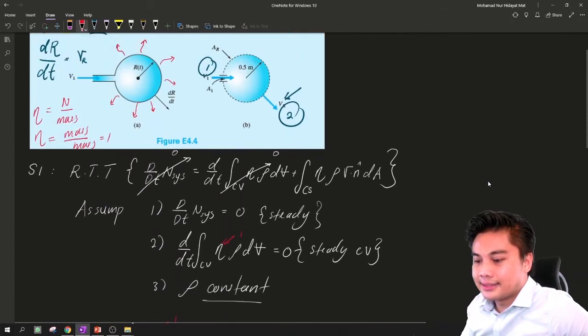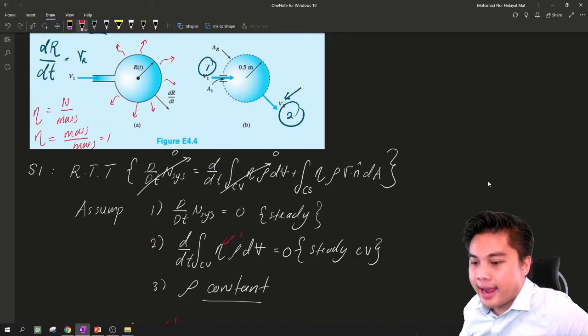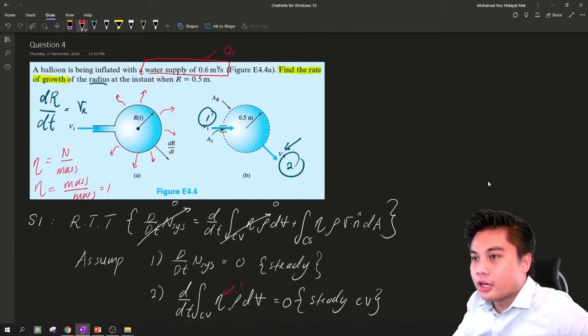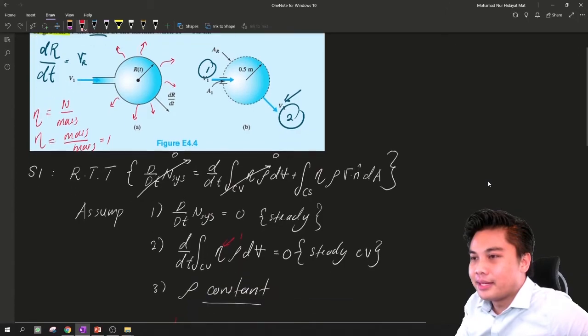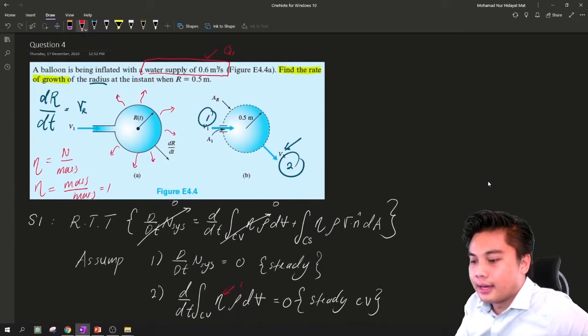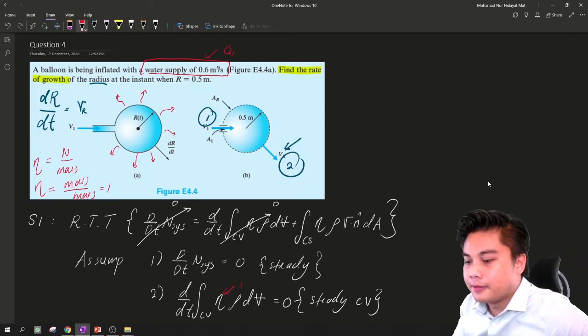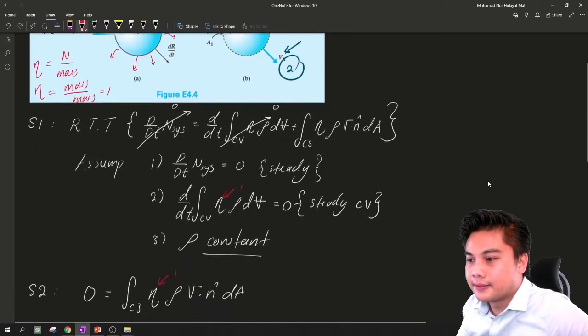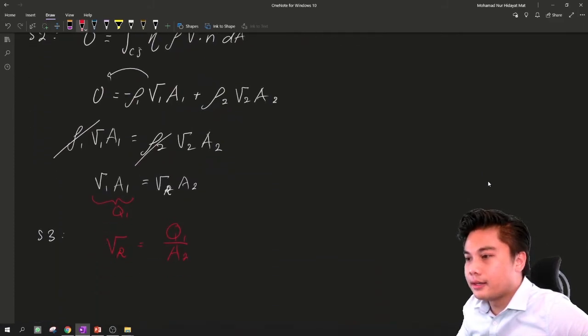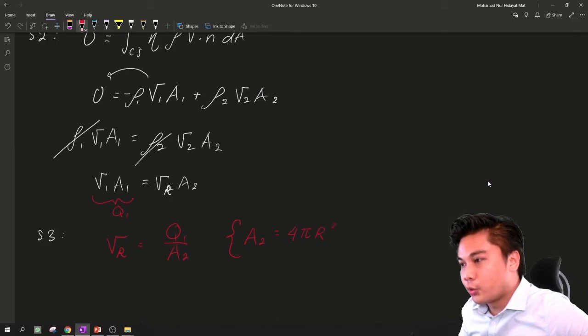So the question is how to get the area of the sphere. So remember that we have the formula: the area of the sphere is equal to 4 pi r squared.